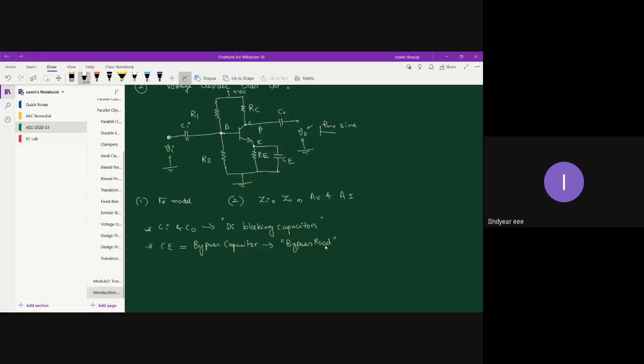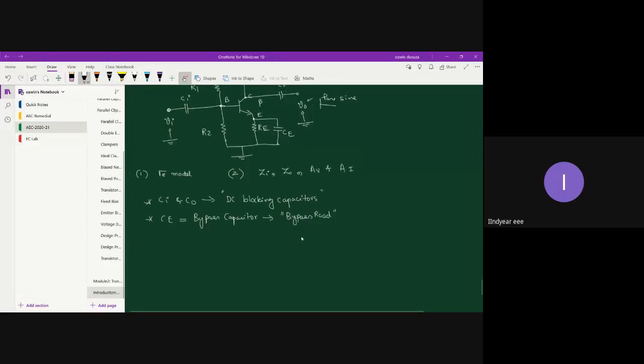The similar meaning holds good in case of this circuit as well. So now, what is this bypass capacitor, and what is its role in an amplifier circuit?